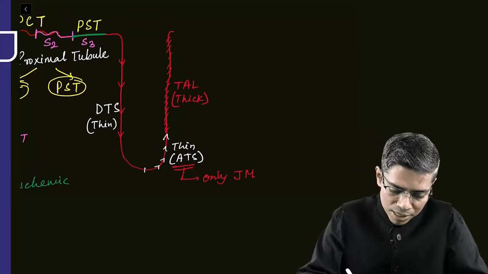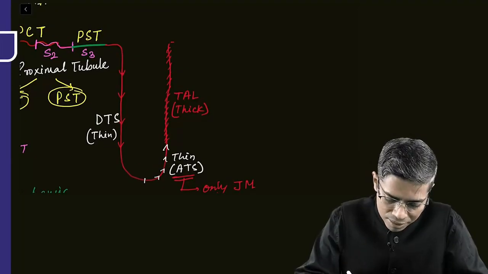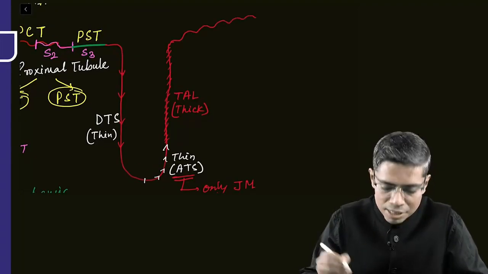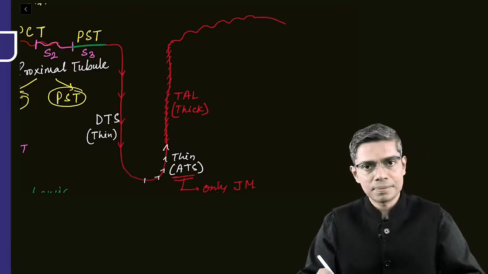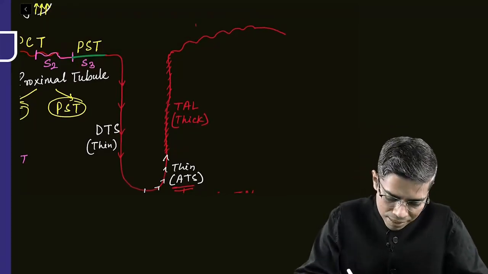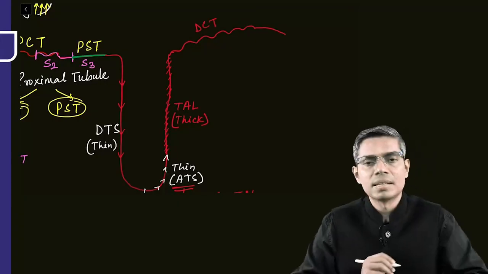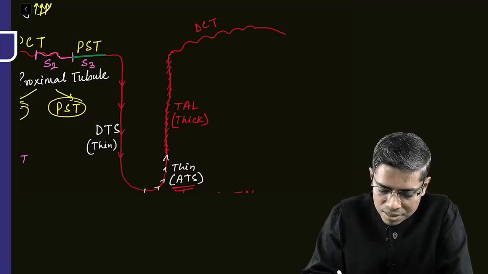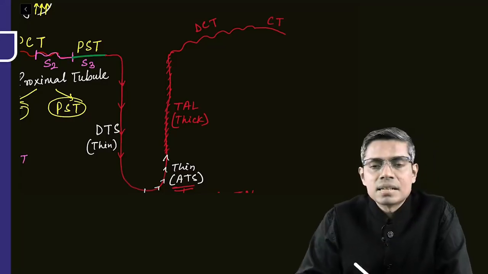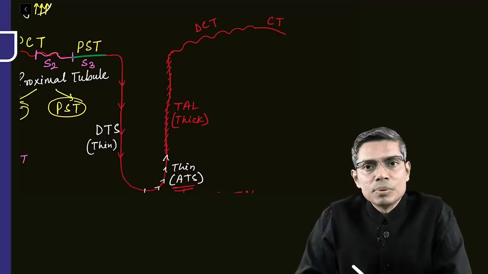Then after the loop of Henle, we all know that the distal tubule will start. The distal tubule means again there will be a convoluted portion, and in the last portion the convolution is a little lesser. That's why we say that this is DCT, that is, the distal convoluted tubules, and the last portion of this distal tubule is known as CT, that is, the connecting tubules.